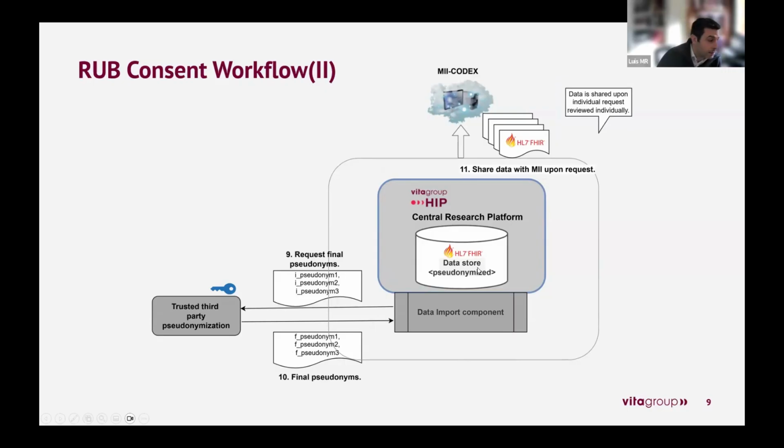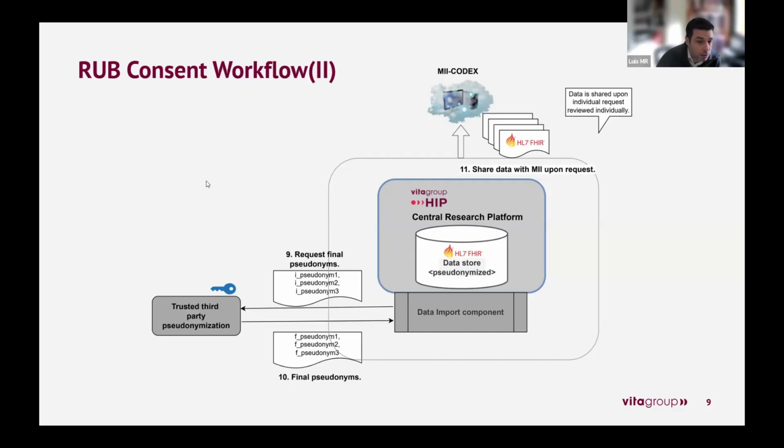And that is the data that, when it is consented, is served upon request to the different medical informatics initiatives that exist in Germany at the national level. So why this two-level pseudonymization?